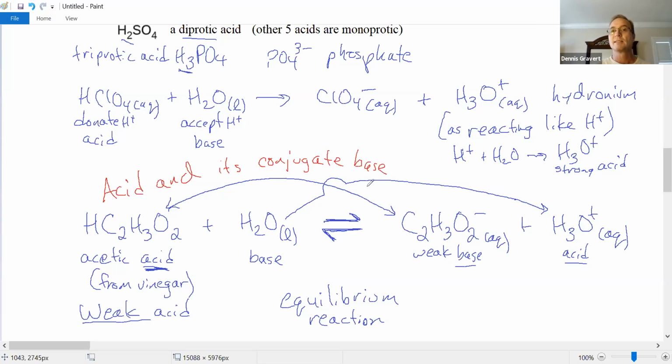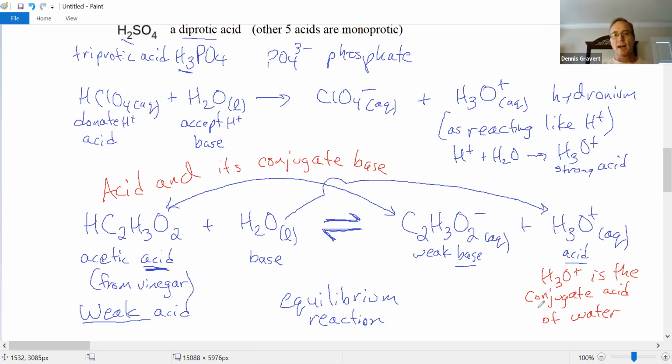Water has its conjugate acid because you start with the base. The other thing must then be the acid. So this molecule, hydronium ion, is the conjugate acid of water.